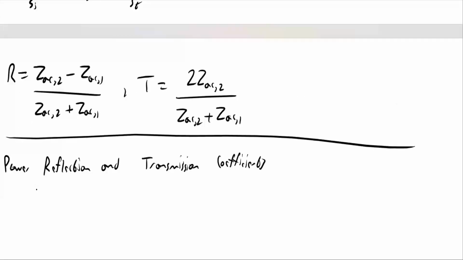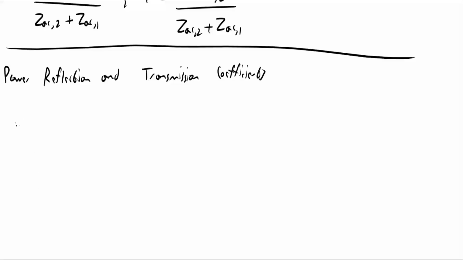We'll define the power reflection coefficient, little r, as the power of the reflected wave divided by the power of the incident wave, which, if we're thinking of a plane wave, we can know the power is simply the intensity times the cross-sectional area.